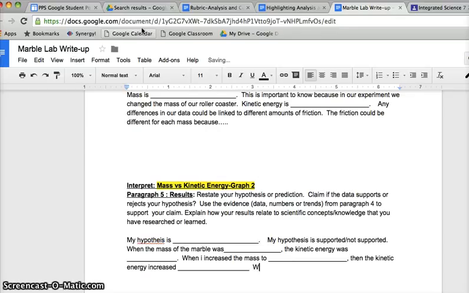when you increased the mass. Now we're talking about the solid brass marble to so many grams, then the kinetic energy increased.